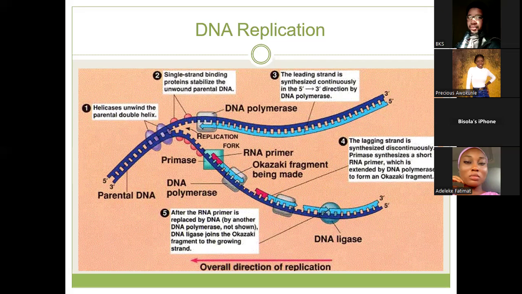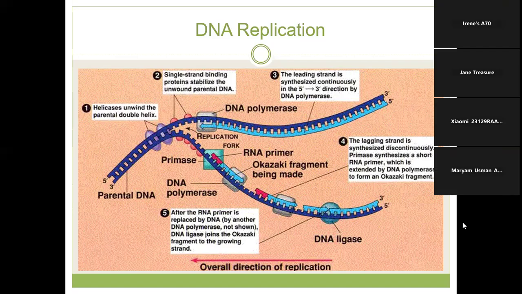In complementary base pairing, I just mentioned complementary base pairing. I explained how complementary base pairing happens and what nucleotide binds to which nucleotide. Fatima. Jen. Mariam. I'm here, sir.